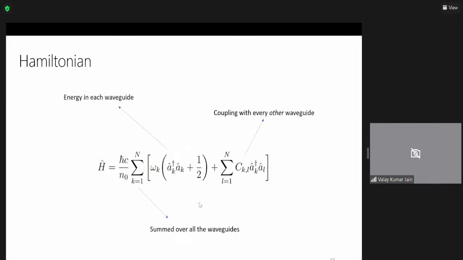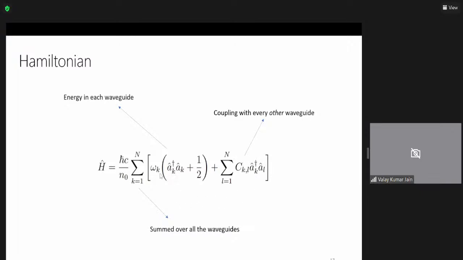So if you look at the Hamiltonian, for those of you who have some basic background in quantum optics, you know that this corresponds to the number of photons in a particular waveguide. This corresponds to the coupling that waveguide has with every other waveguide in the lattice.